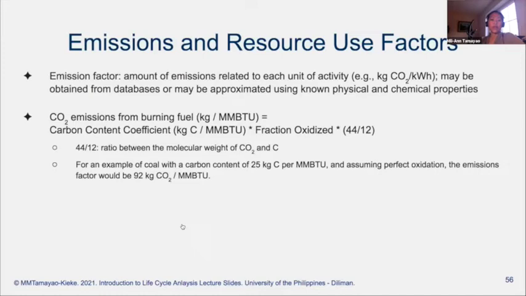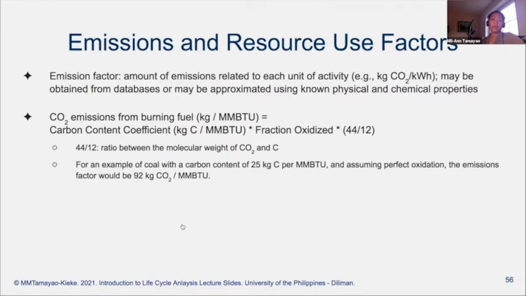So for example, for coal with a carbon content of say 25 kilograms carbon per million BTU, and assuming perfect oxidation, the emissions factor would be 92 kilograms CO2 over MMBTU.